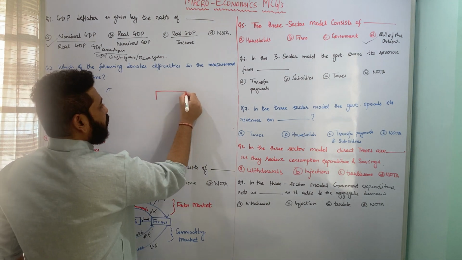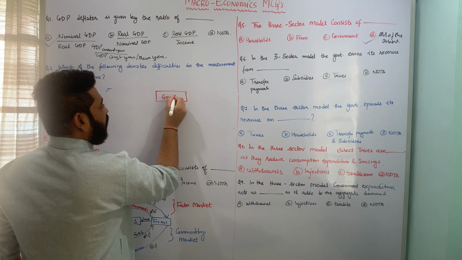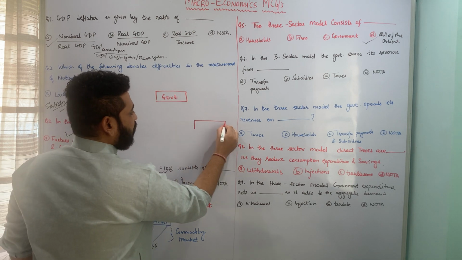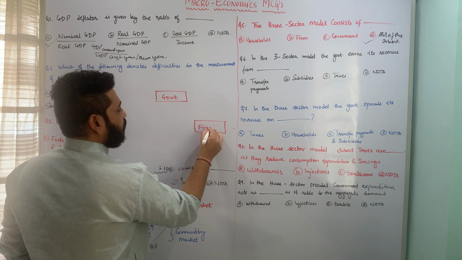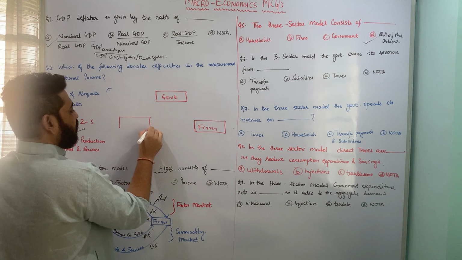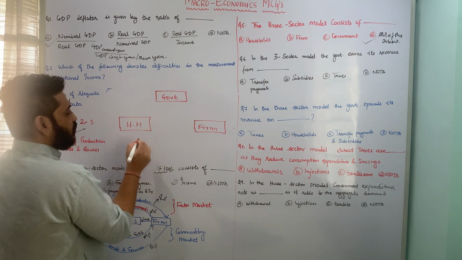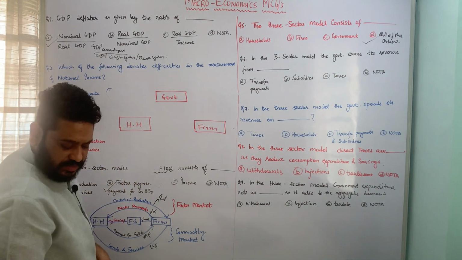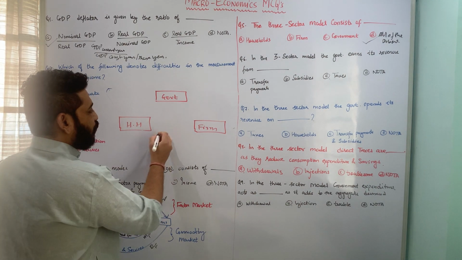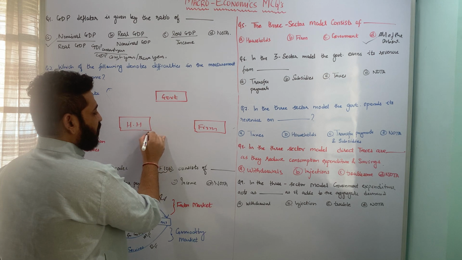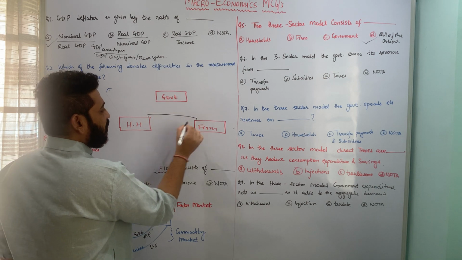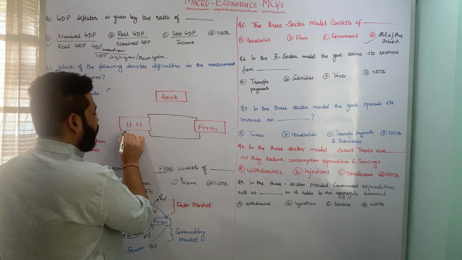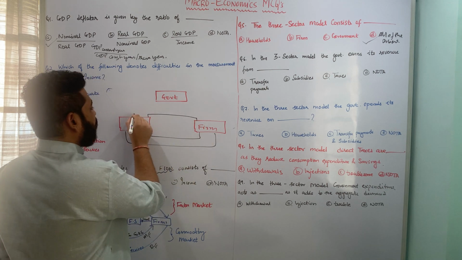So here we are looking at government, here we are looking at firm, and here we are looking at households. Now the two sector model remains the same. That is why I'm not going to really talk about the flows which are happening in the two sector model, but let me just point it out, otherwise you will get confused.